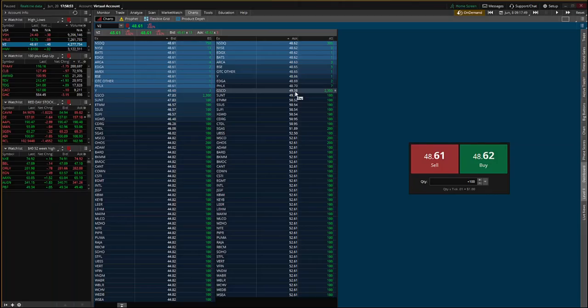So this is why it's beneficial to actually know how to use level 2 and how to use it in your trades. When you know how to use level 2, you'll be able to get your best entry and exit point.